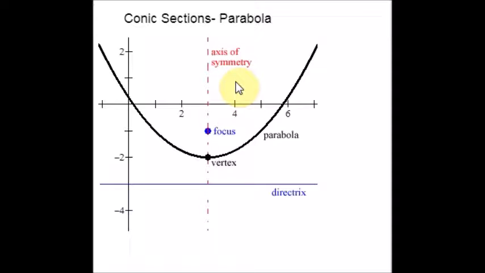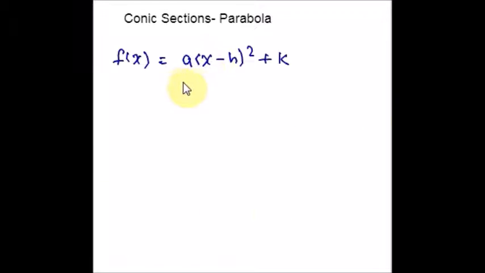Okay, let's first take a look at the first form of the parabola. Please take a look at this first form of the parabola. f of x is equal to a times (x minus h) the whole square plus k. Here there are two pieces of information about the parabola that we can instantly get from this function. First thing is, if this a is positive, then the parabola will open upwards.